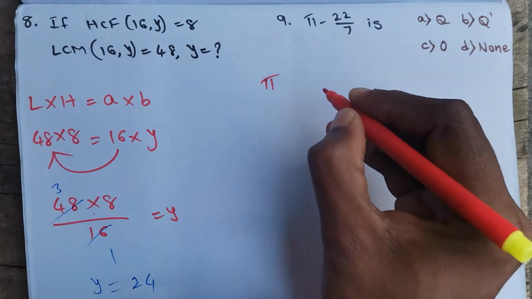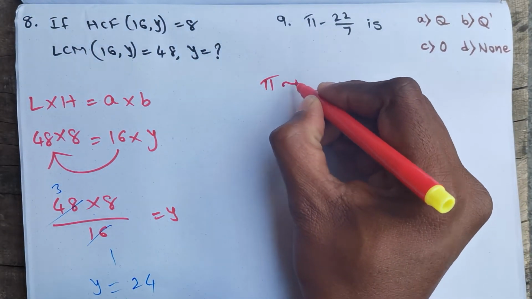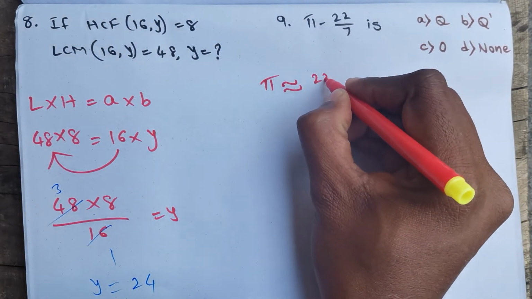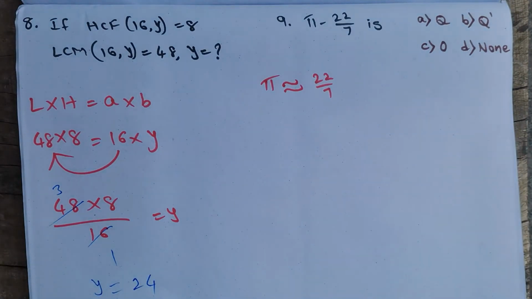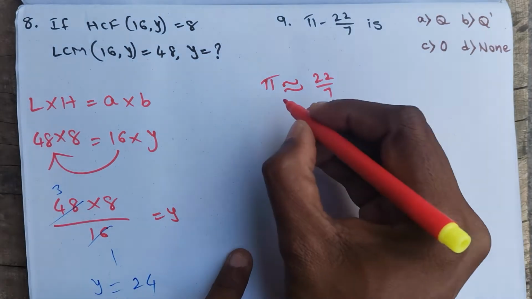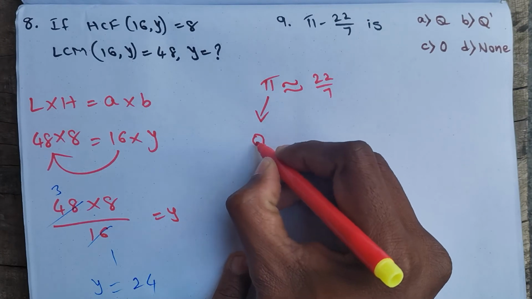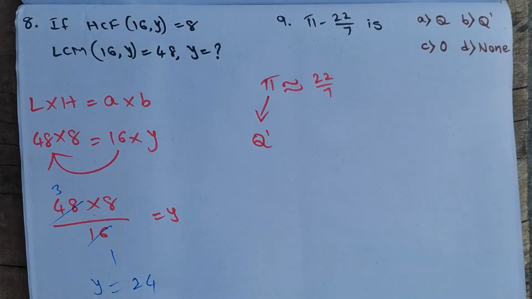Pi is approximately equal to 22 by 7. Remember this. Pi value is not exactly 22 by 7. It is just an approximate value because pi is an irrational number.